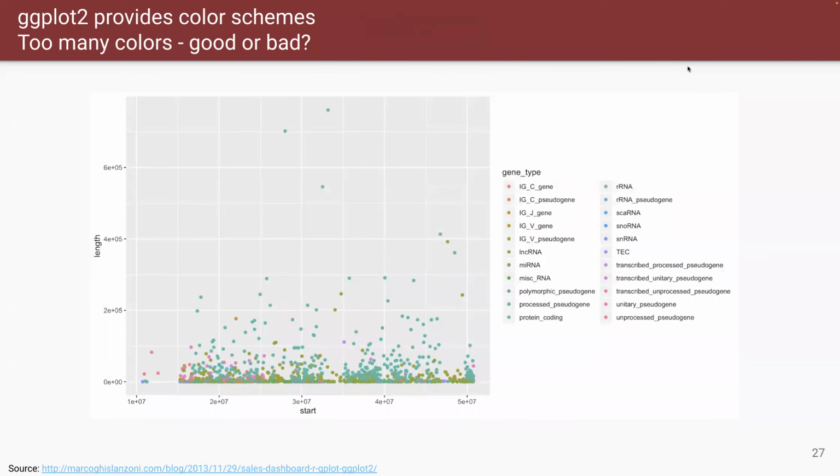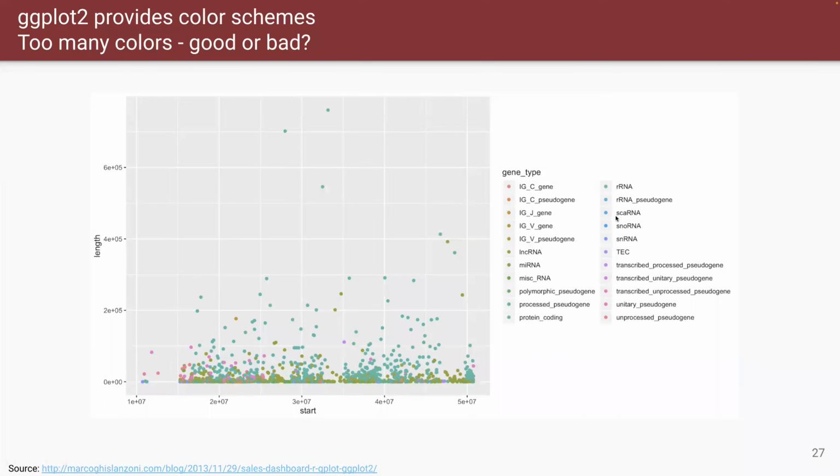Okay, so we can see some examples about using colors. This is one example. We plot the location of the genes on the chromosome. This is probably chromosome 1, and you plot the location of the genes, and I use color codes for the different gene types.